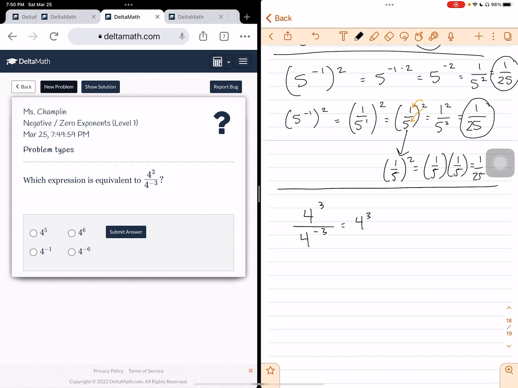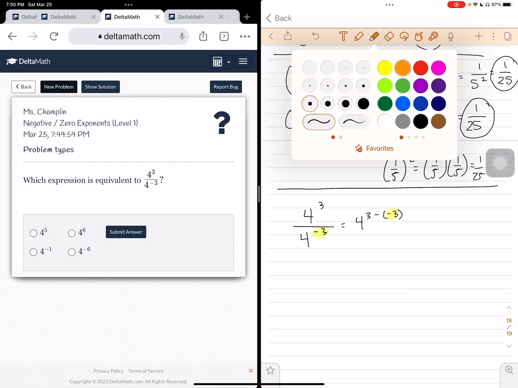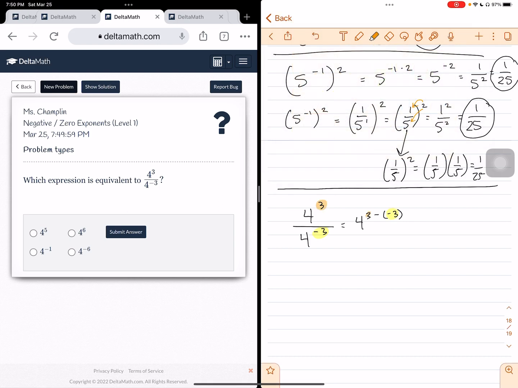It'd be 4 cubed minus negative 3, so I'm subtracting this here. It's always top minus the bottom. So the top exponent 3 minus negative 3. Now you guys should see here that 3 minus negative 3 is really the same thing as 3 plus 3, because these two negatives make a positive. So this is going to be 4 to the positive 6th power.